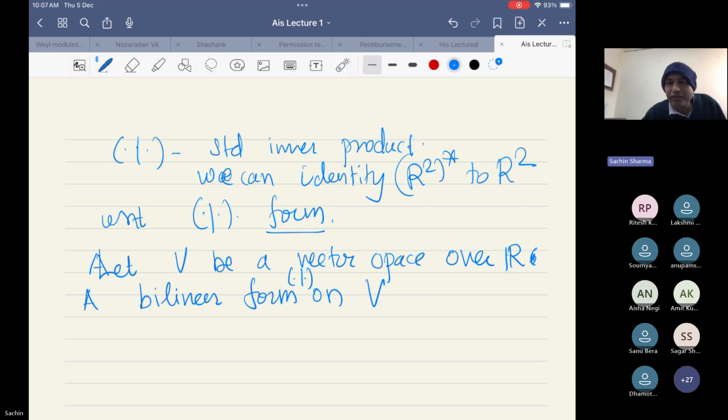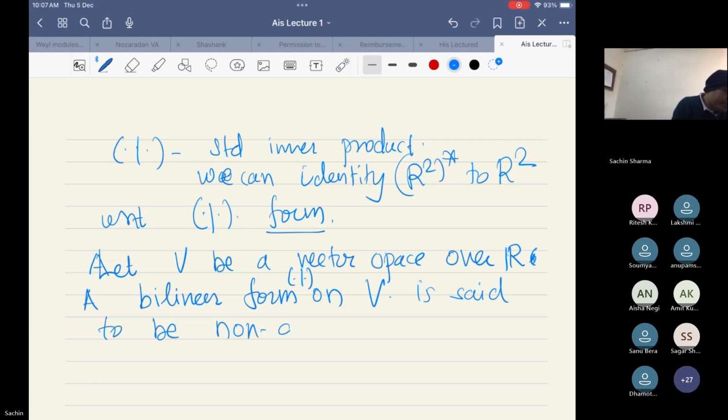Do you know bilinear forms? Say frankly if one doesn't know. I will assume maybe in tutorial one, Ritesh can help you out. People raised hands, so I think they know. Okay, good.